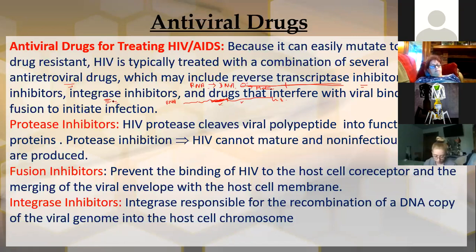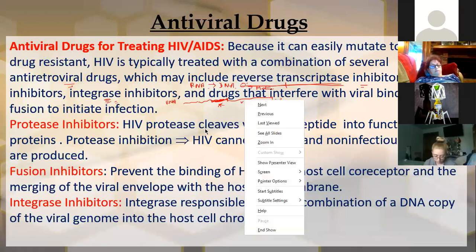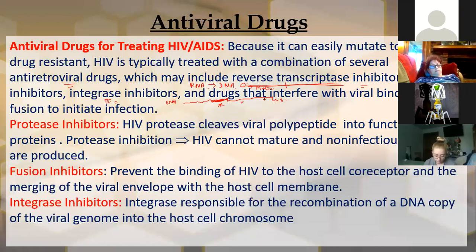So if we inhibit the integrase, then the viral genome cannot be joined inside the human DNA. They cannot be part of the human DNA.